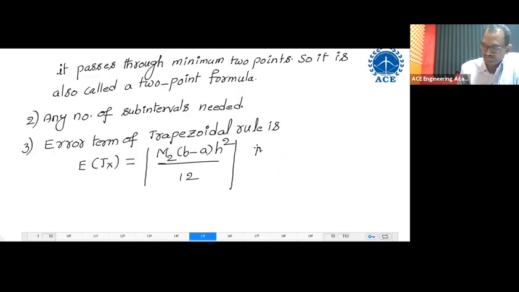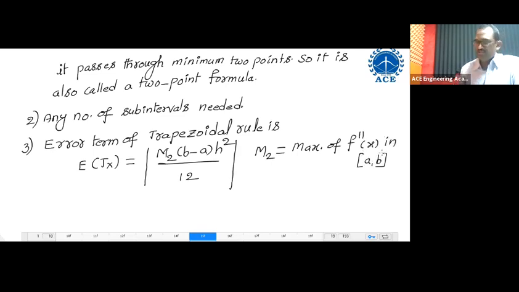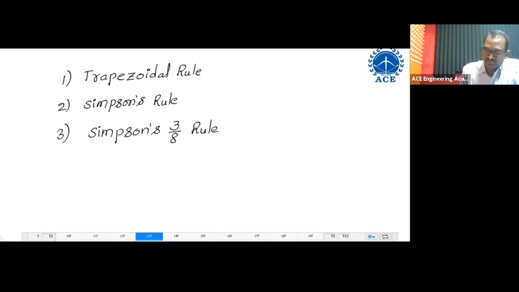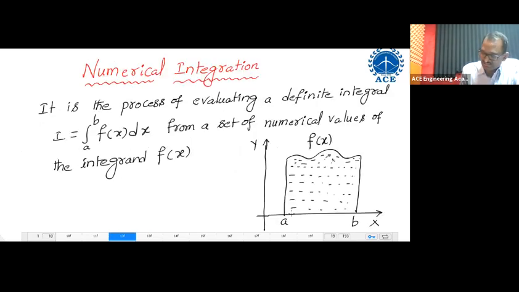And we don't know what M2 is. M2 means the maximum of F double dash X in the interval [A, B]. Its meaning is: find F double dash X at each and every point of this interval, at A, at B, at this point, at this point.